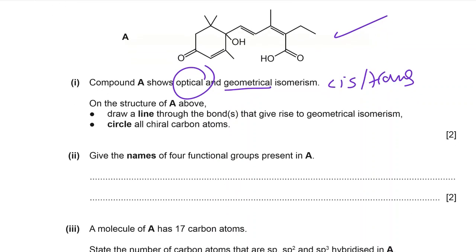Now, on the structure of A above, draw a line through the bonds that give rise to geometrical isomerism. So where is the geometrical isomerism? Could be this one and this one. Okay.